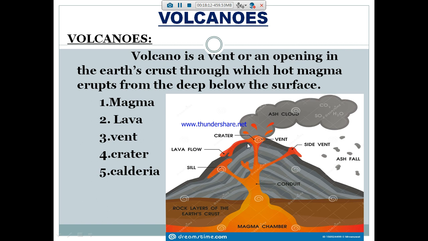The opening or mouth of the volcano is called the vent. This mouth of the volcano will be funnel-shaped, which is called the crater. Due to explosions, if the mouth of the crater is enlarged to a great size and looks like a basin, it is called the caldera. Can you understand this?